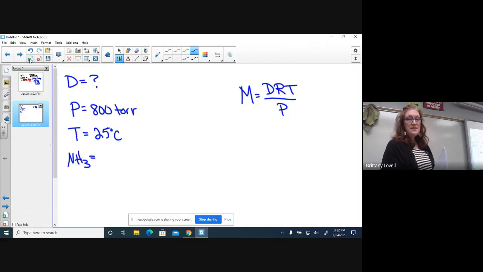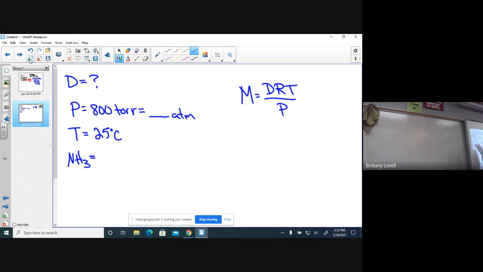Again, because this is the ideal gas law, it's very picky. You've got to check your units. The pressure has to be in atmospheres. So I want to know how many atmospheres this is. After you do this a while, you'll know that if something's in torr or millimeters of mercury, mmHg, you've got to divide the number by 760. That's what we did earlier in the first problem.